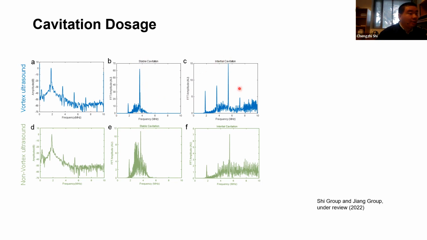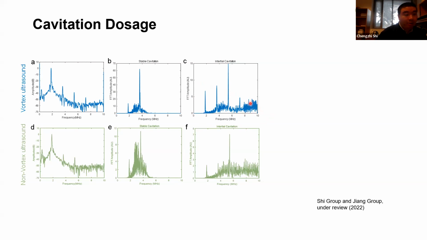But inertial cavitation is a result of the collapse of the bubble, which results in broadband emission of the ultrasound, which will raise the noise floor. And this inertial cavitation is the major contribution of the cavitation to lysing the blood clot.